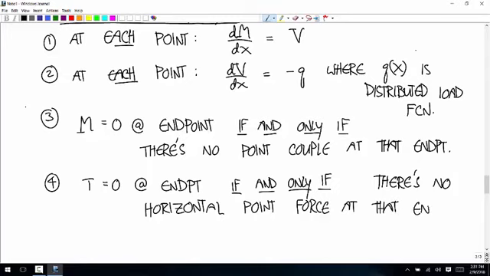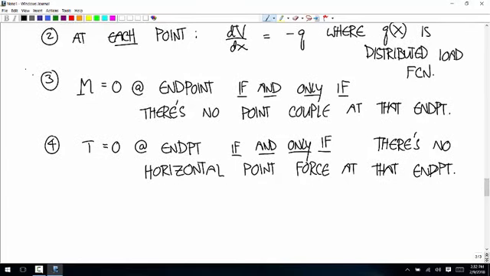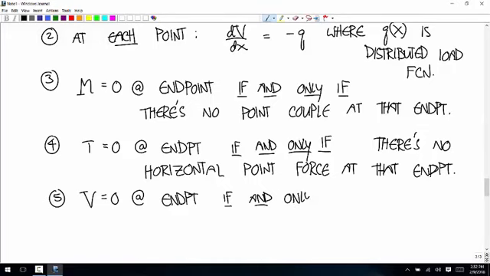Anybody want to guess what 5 and 6 are? Other facts. They sort of follow a pattern with 3 and 4. Yes, shear force, right? So, let's do that one. The shear force is 0 at an endpoint if and only if, what do you think this one will say?